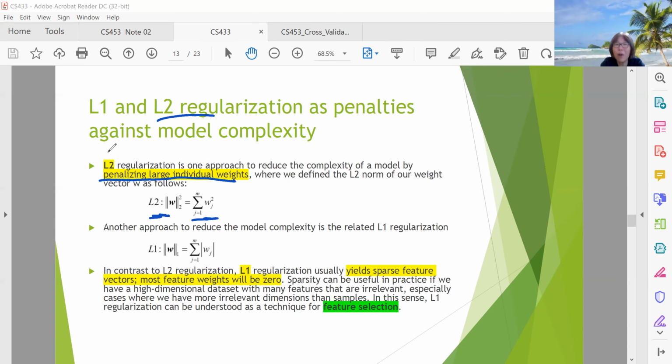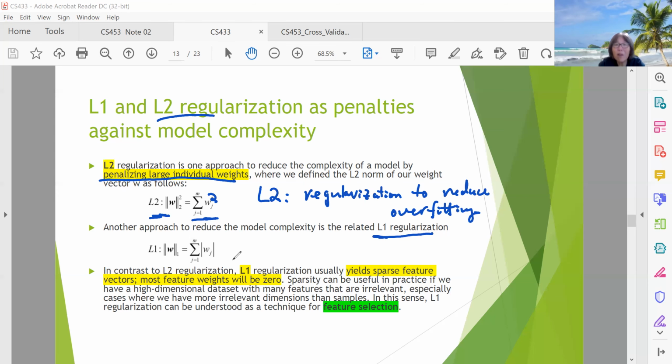So this is called L2. You square the weights. Keep this in mind, okay. L2 generally has the purpose of regularization, to reduce overfit.